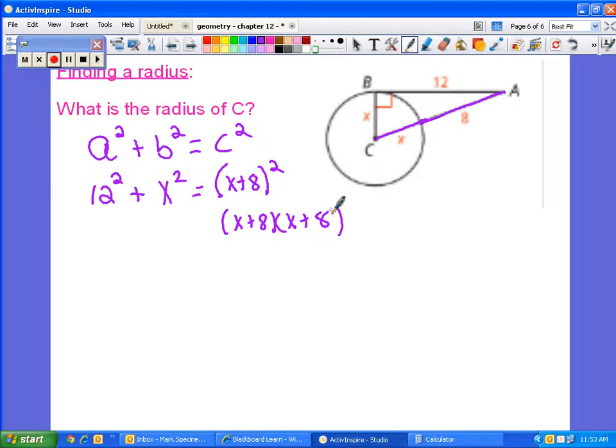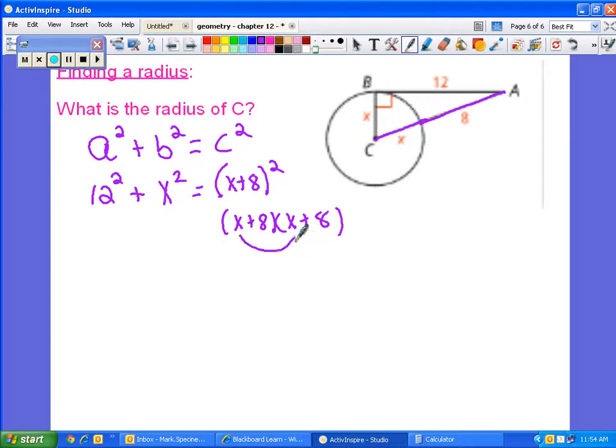What method do we use, Sandra? Sandra? Raise your hand. You forgot? Bill? FOIL method. Remember the FOIL method? Okay. FOIL method is what? What do I do first?